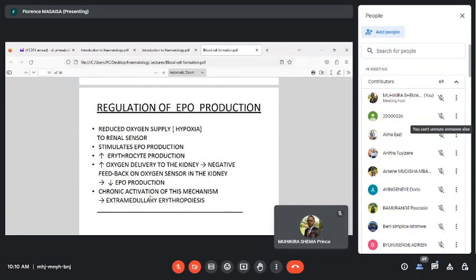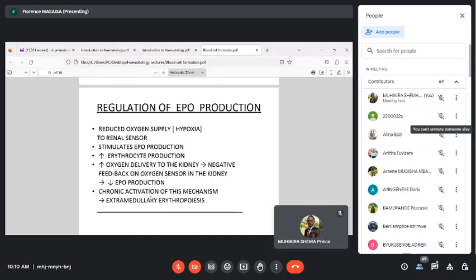Then when the kidney is receiving enough oxygen, it says okay, now it's enough. There will be a negative feedback on oxygen saturation in the kidney that will decrease erythropoietin production. When there is chronic activation of this mechanism, that will cause the individual to have extramedullary erythropoiesis.